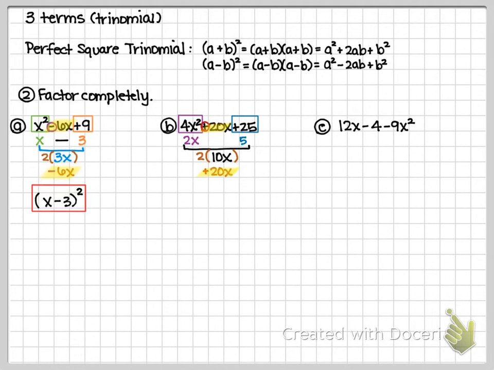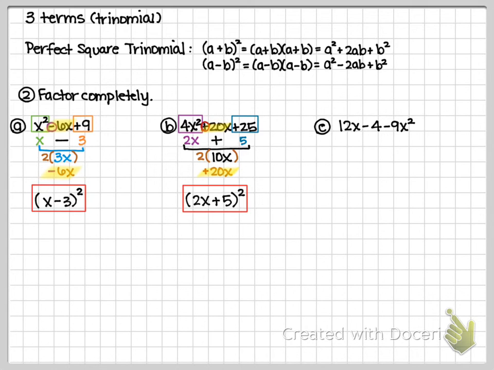If it does, we can go ahead and factor. So we're going to go back up to where the square rooting happened, so the 2x and the 5. Drop that middle sign down. So this is going to give me 2x plus 5 squared. And that's the answer to this one. Again, you could do the generic rectangular area model.